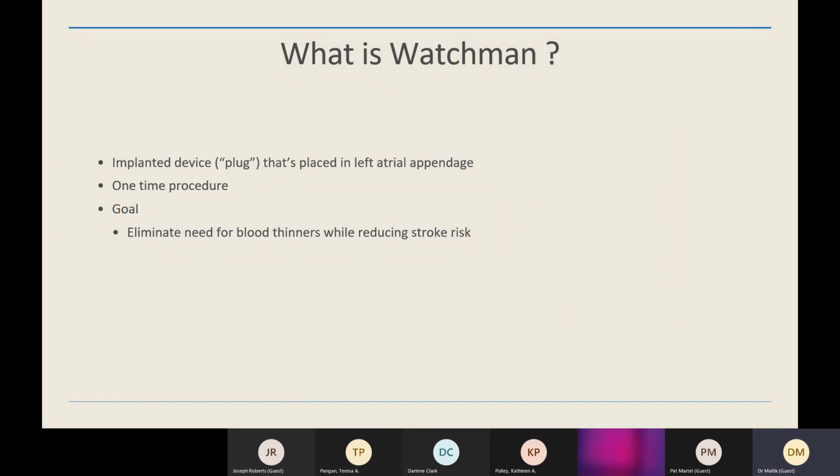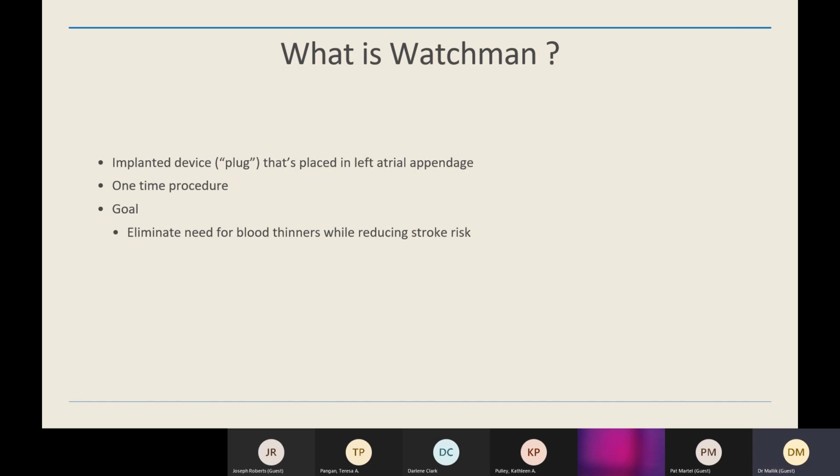The best analogy I can find to explain it to patients without actually showing a detailed video is that this is a plug that's put in that appendage to seal it off. Putting in WATCHMAN is a one-time procedure. There's no going back to retrieve it or reposition it or anything. Once it's in, it's in.